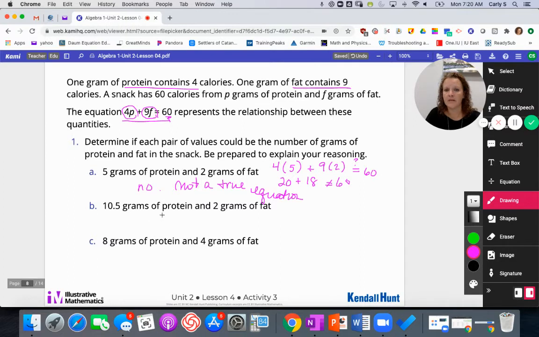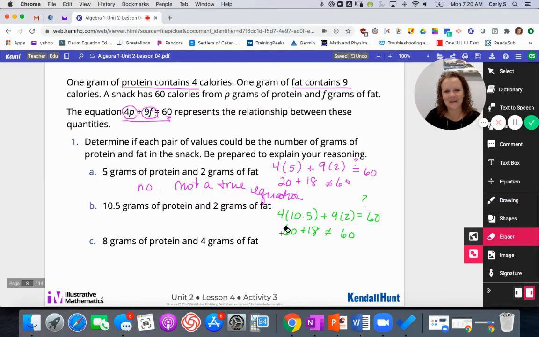Okay, how about 10.5 grams of protein and 2 grams of fat? So I'm going to substitute 10.5 in for P and 2 in for F and see if that equals 60. 4 times 10.5 would be 40, I think, 60, plus 18 is not equal to 60. It's 42. My math was wrong.